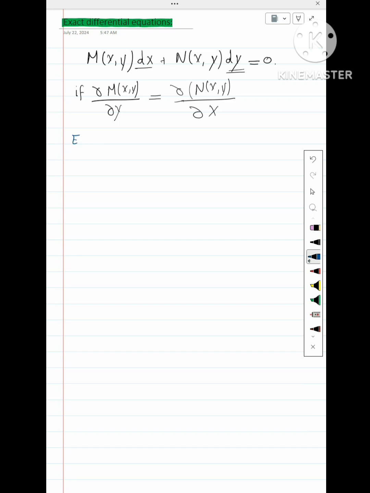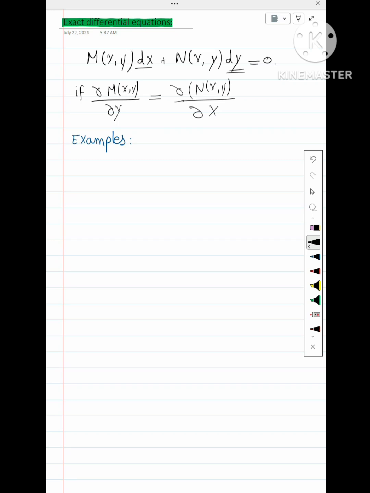Let's see some examples to see how to solve them. Basically, in differential equations, the methods can be seen in examples. It's not necessary to do the theory part in this lecture.